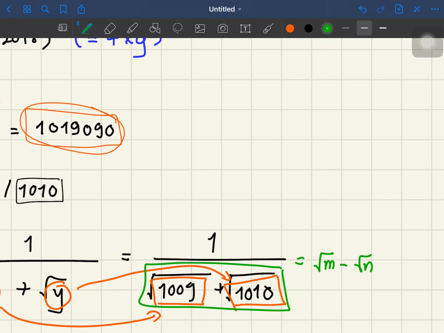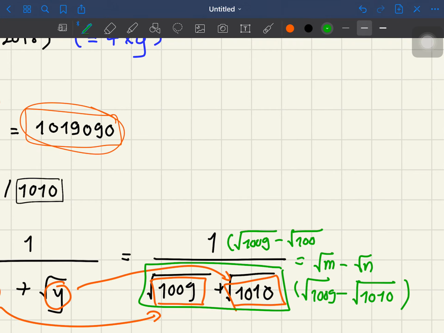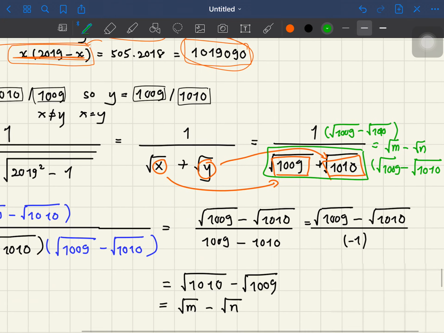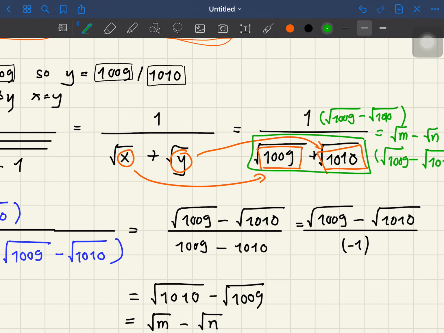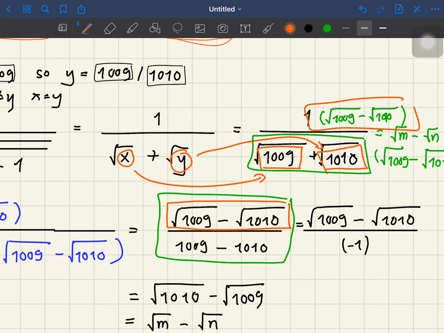We have to use square root of 1009 minus square root of 1010 at the denominator, and not only at the denominator but also at the numerator. Oops. And we can just obtain this expression. Notice that this is the conjugate.